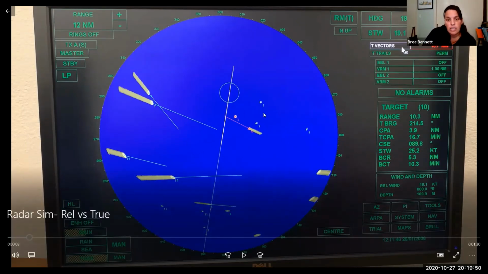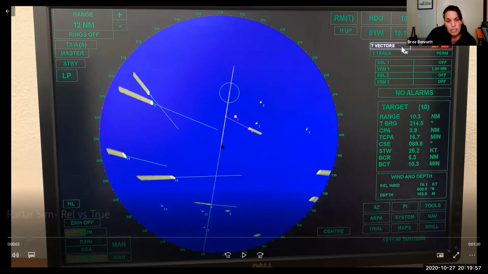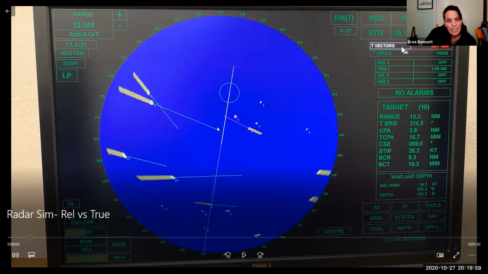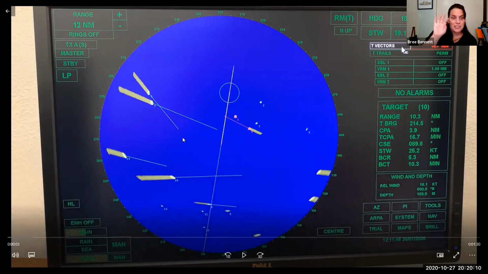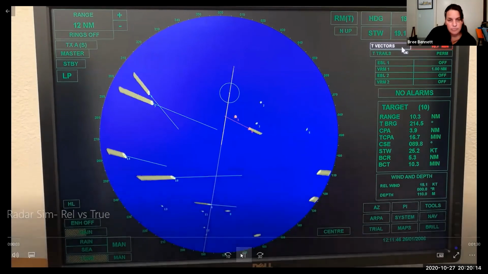So these guys here are not moving, and here's my vector. If I'm going to end up here in 16 minutes, I could kind of see that this person is probably going to pass astern of me if they're going to be there in 16 minutes. But it takes a while to process what you're looking at. I'm just giving you an example ahead of time.